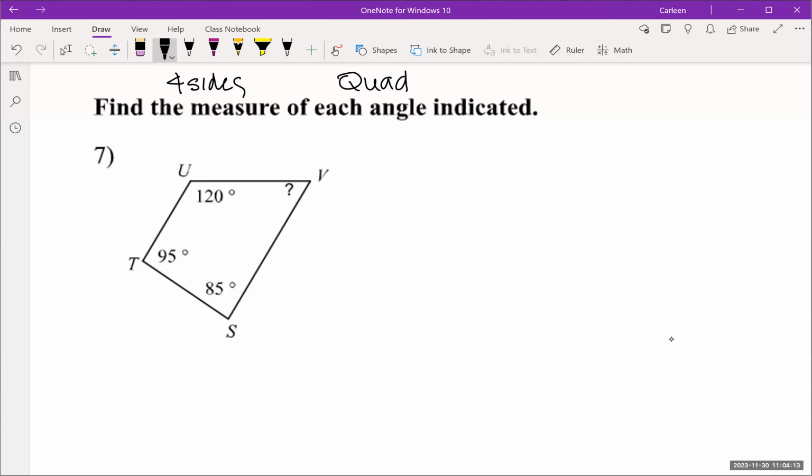What do we know about the 4 angles? What's the sum of the degrees for a quadrilateral? I'm going to divide this in half. So n equals 4. So I go n minus 2 times 180, which is 2 times 180.